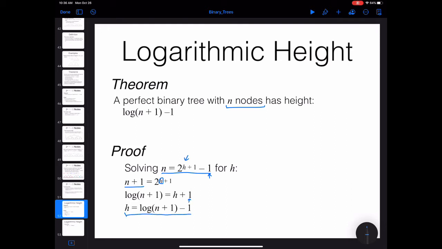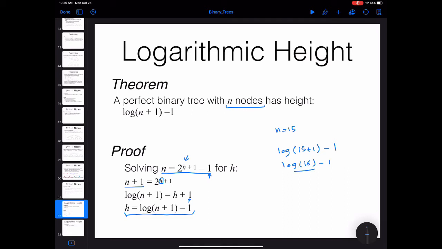The height of a perfect binary tree with n node. So if I know that the perfect binary tree has, for example, 15 nodes, I can calculate the height for that. For example, in a perfect binary tree with 15 nodes, what is the height? The height is going to be log of 15 plus 1 minus 1. This is going to be log of 16 minus 1.